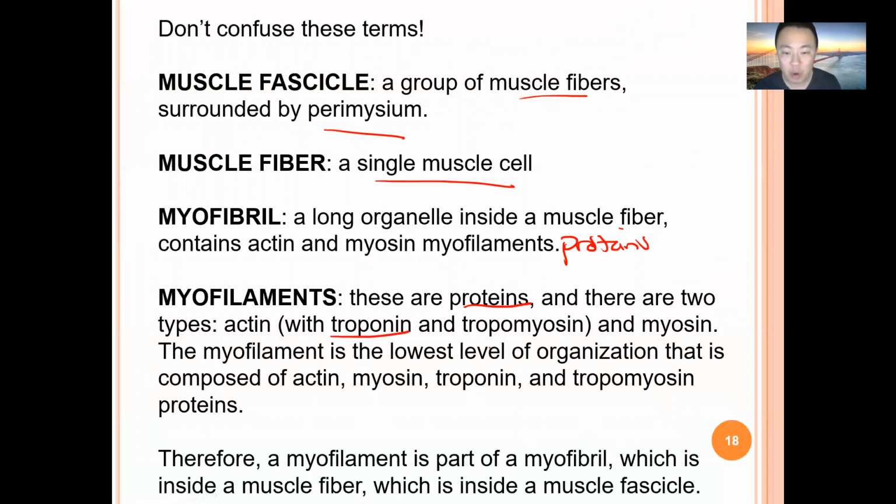Actin contains troponin and tropomyosin proteins, okay? And the myofilament is the lowest level of organization that is composed of actin, myosin, troponin, and tropomyosin proteins. Okay, therefore, a myofilament is part of a myofibril, which is inside a muscle fiber, which is inside a muscle fascicle. So again, we move up.